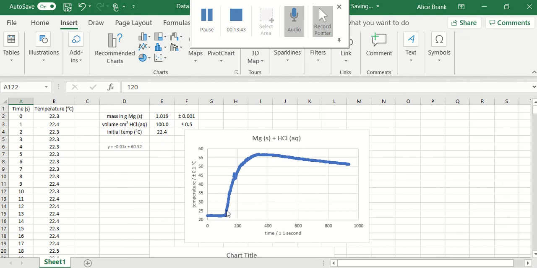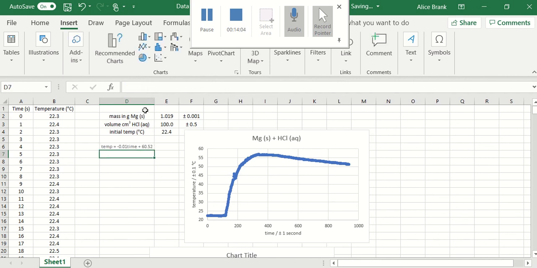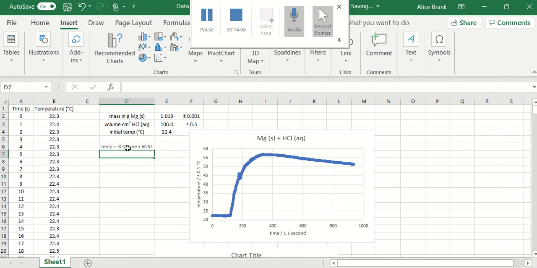The maximum temperature had our reaction happened instantaneously to help us correct for what? Heat lost. So Y is temperature and X is time.